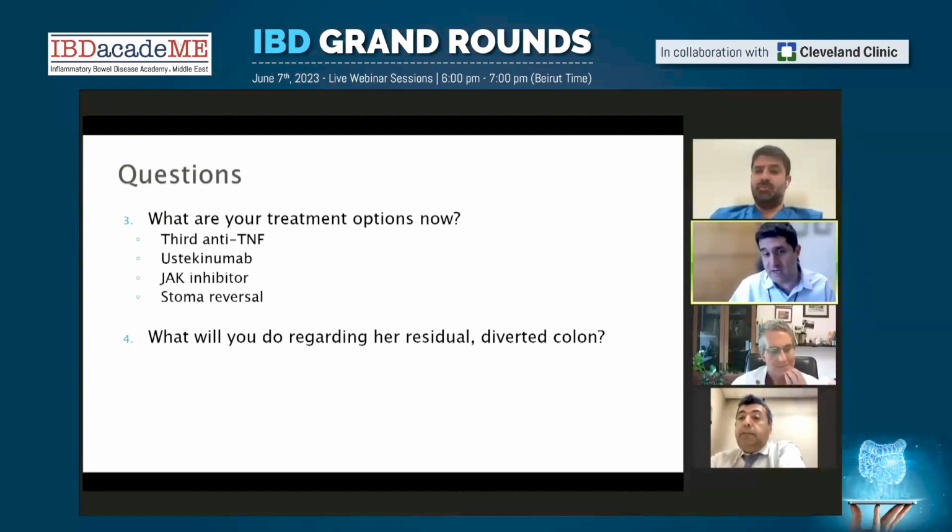Now, that's not necessarily going to take care of the proctitis from their diverted colon. Certainly, short-chain fatty acids could be a symptomatic therapy, but I do think we have to think long-term in a young patient about what their risks are going to be from keeping that rectum in there. Their cancer risk is going to be very high.